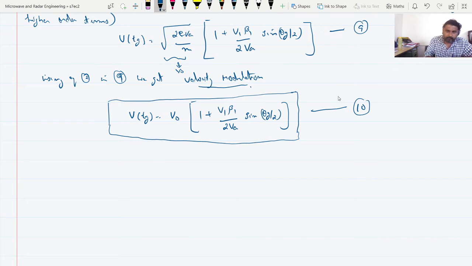As I told you, we have to calculate the round trip transit time in the ripple space. I will write that one.